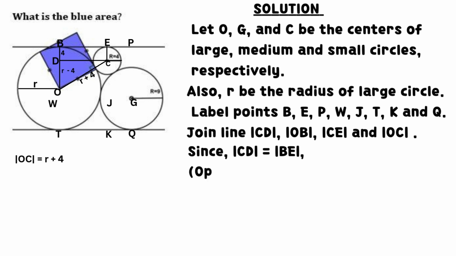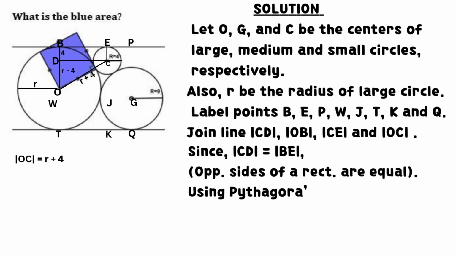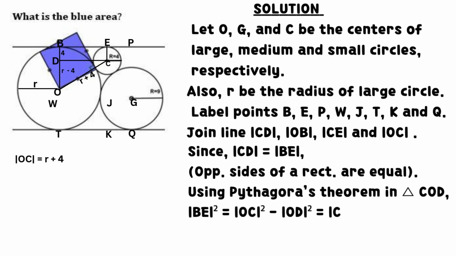Since line CD equals line BE, it is because opposite side lengths of a rectangle are equal. Using Pythagoras' theorem in triangle COD, the square of line BE equals the square of line OC minus the square of line OD, which equals the square of line CD.